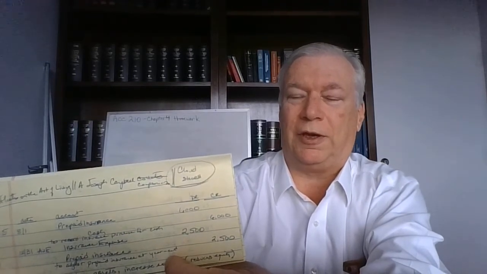You can see it has an AJE. That's how we typically do adjusting journal entries. We book the insurance expense, which is a debit, right? It goes on the income statement. And then we reduce prepaid insurance by crediting the asset of prepaid insurance by $2,500. And that's our year-end adjusting entry for that particular transaction. Okay? All right. Very good.